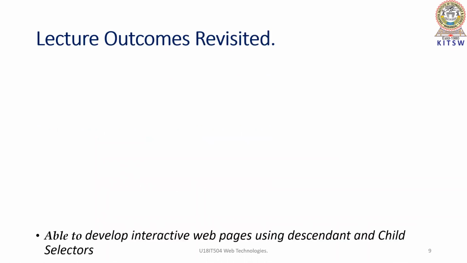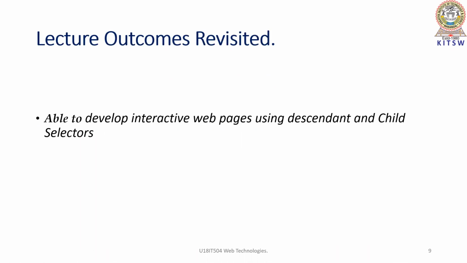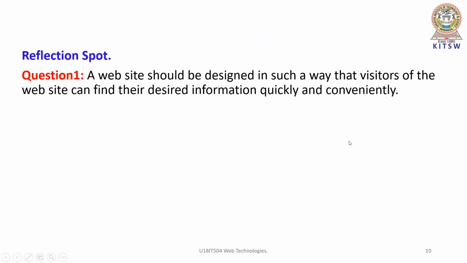Lecture outcomes. Revisit: able to develop interactive web pages using descendant and child selectors. Reflections part. A website should be designed in such a way that visitors can find their desired information quickly and conveniently.